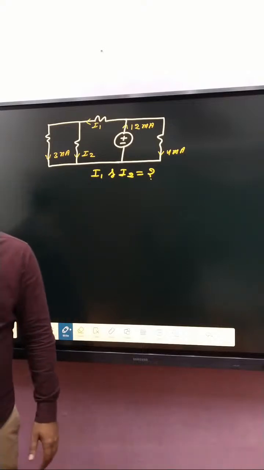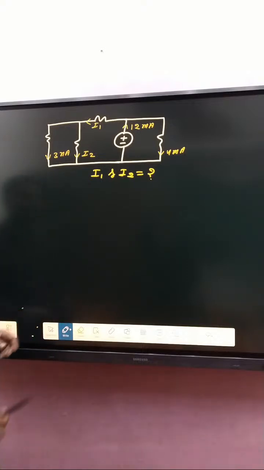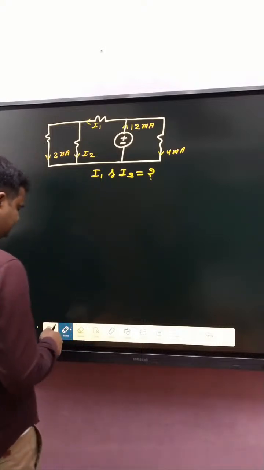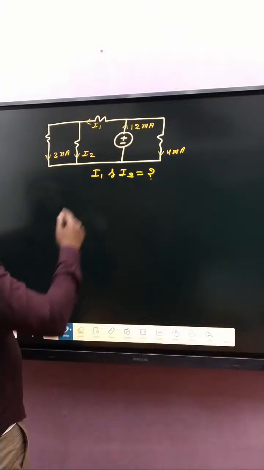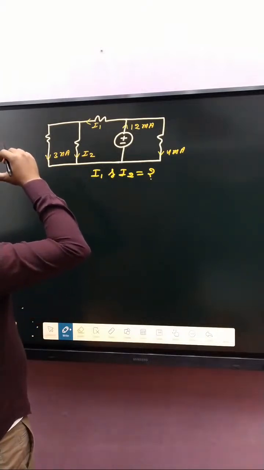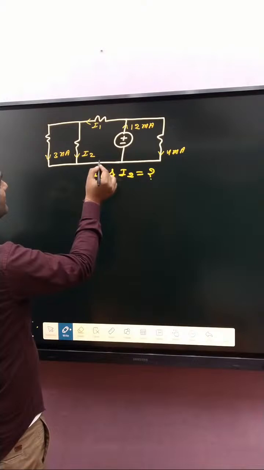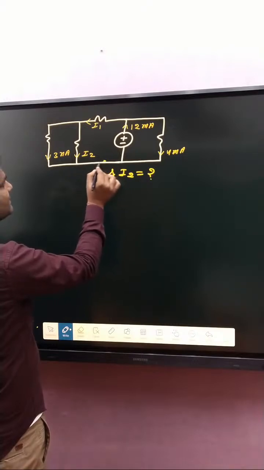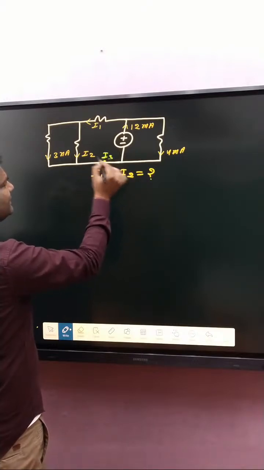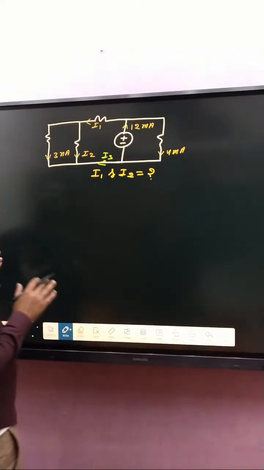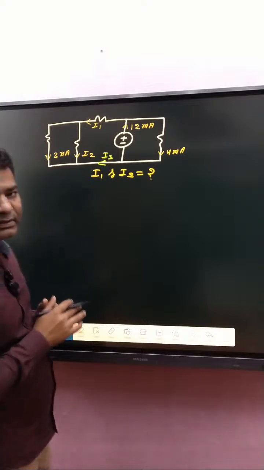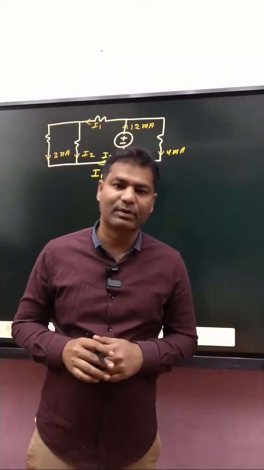So how can we do it? First of all, if you see very carefully, apply KCL. First decide the branch currents in the given circuit, suppose I3.